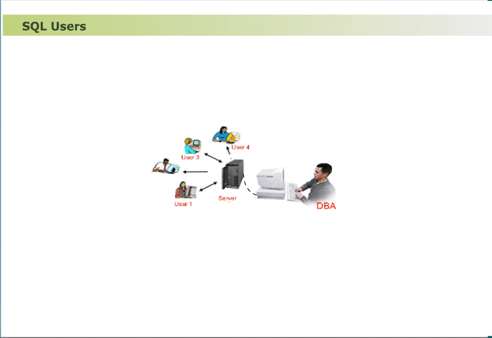SQL users. The database administrator may define many SQL users just like a network manager defines the network users. Every user has its own username and password assigned by the database administrator. The SQL provides two default generic users.